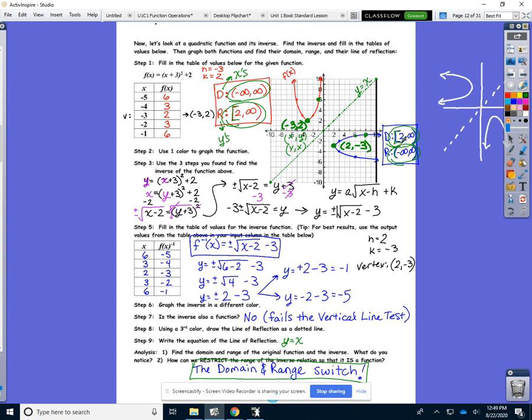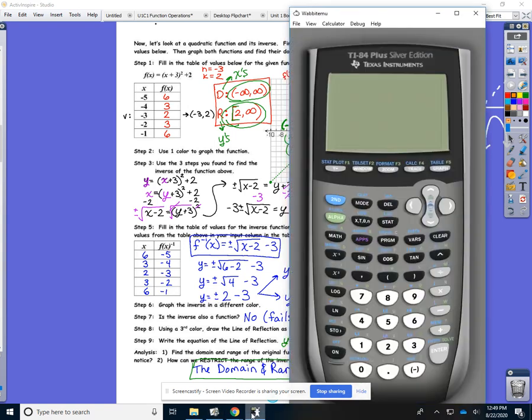And the last thing I asked is, how can we restrict the range of the inverse so that it's a function? Well, remember I said that this bottom part was the negative part of the function, and it matches up with the negative part of the parabola. If I want this to be a function, I want it to pass the vertical line test.